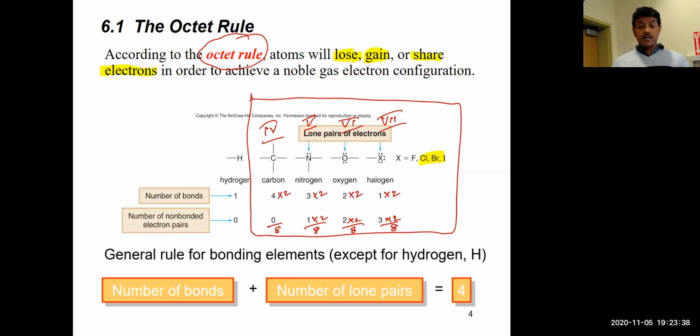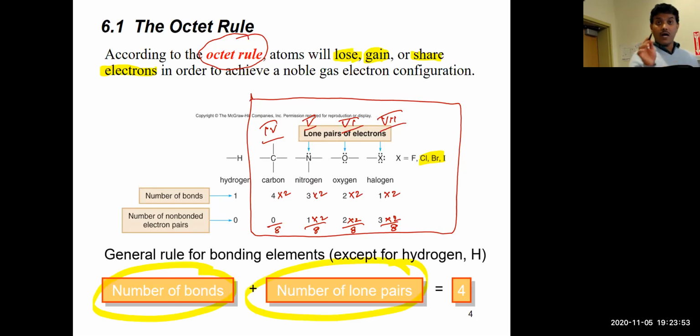It is still fine because what we are looking for is not a fixed combination of lone pairs and bonds. We are looking for a total of 8 electrons. It could be in the form of bonds or lone pairs, but together they should account for 4, so 4 times 2 is 8. So the octet rule is satisfied. This is what we are going to look for throughout this chapter whenever we check the octet rule for any element.